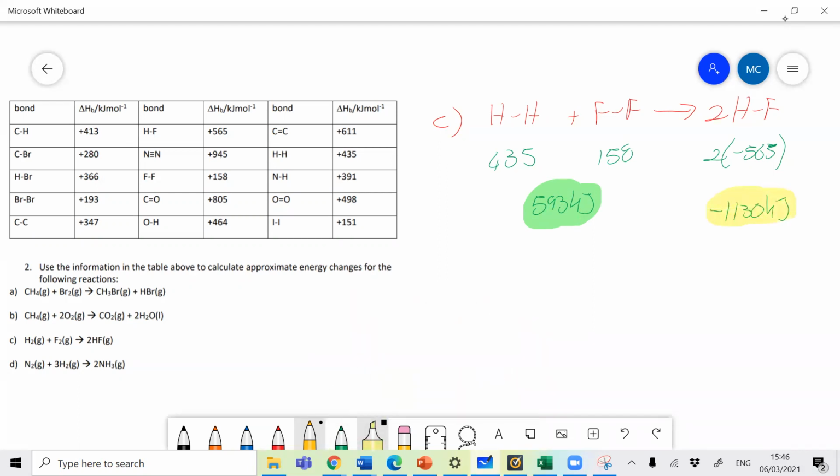Okay, so then the total energy change is equal to minus 1130 plus 593, okay, which is equal to 537 kilojoules.